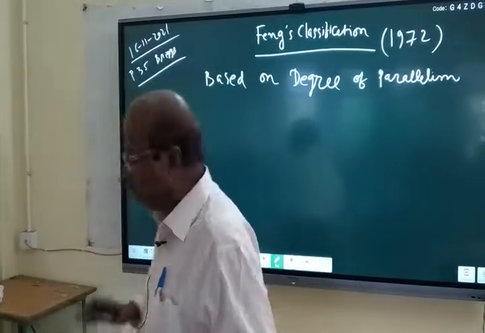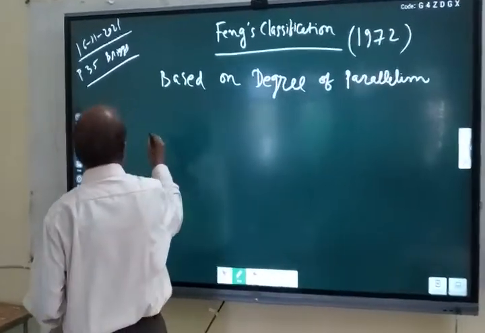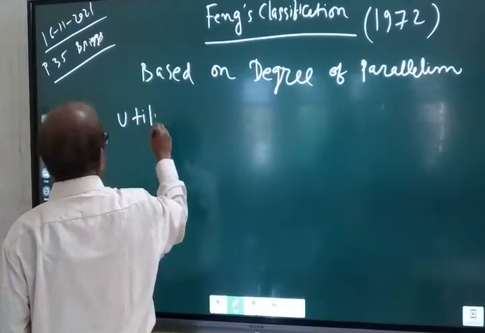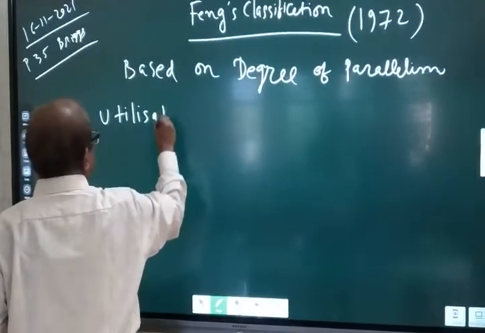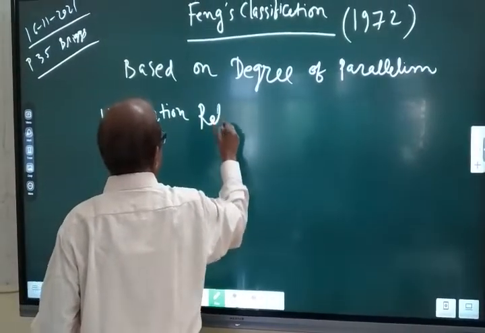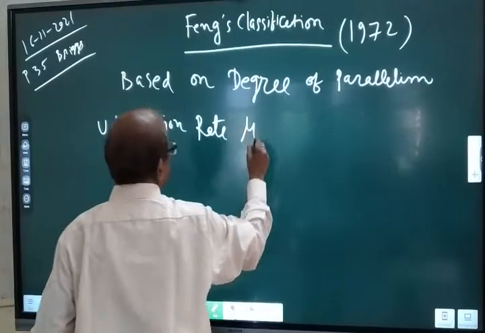So let us introduce a new term, that is called utilization rate, denoted as mu.